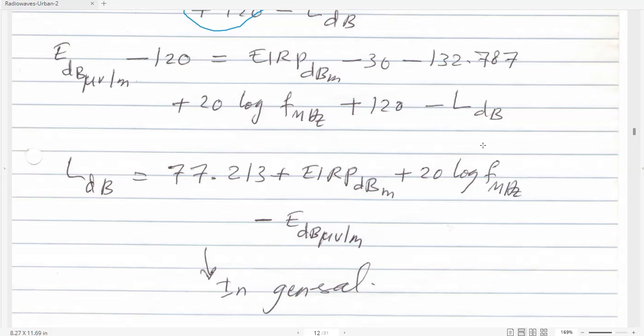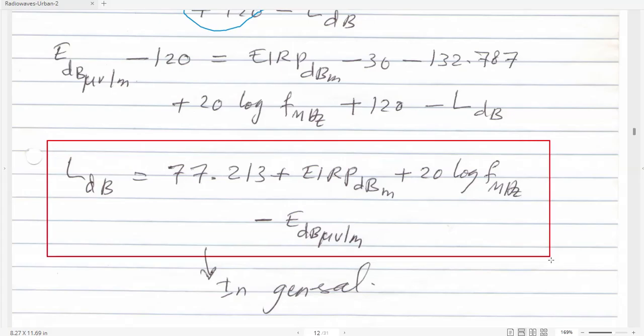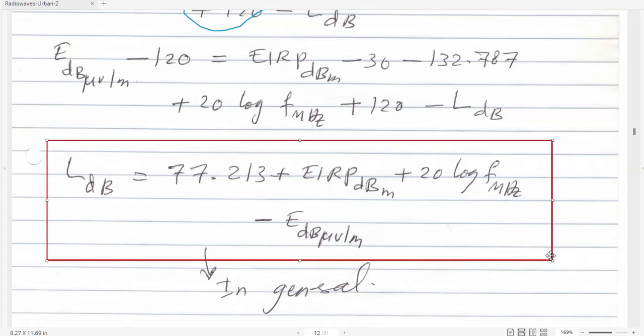This is a general equation that can be used for any free space, any loss, for any medium, for any scenario, for any terrain, for any environment. So this equation is very general. It can be used for any situation.